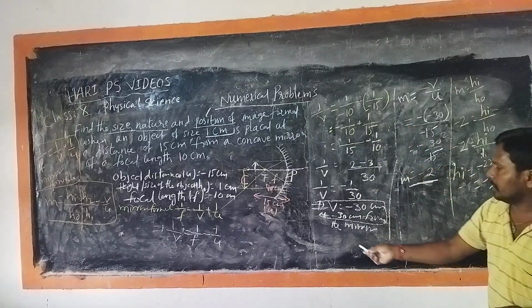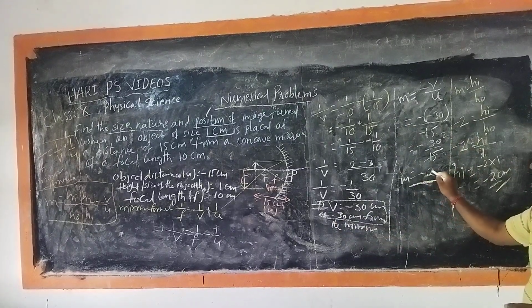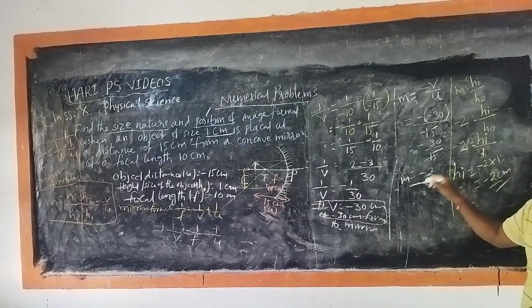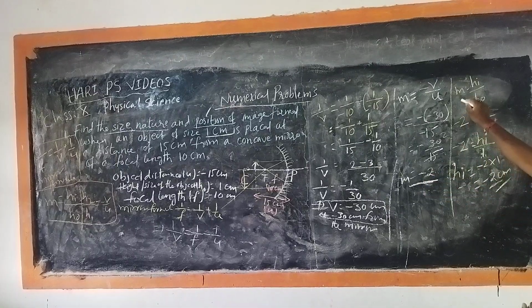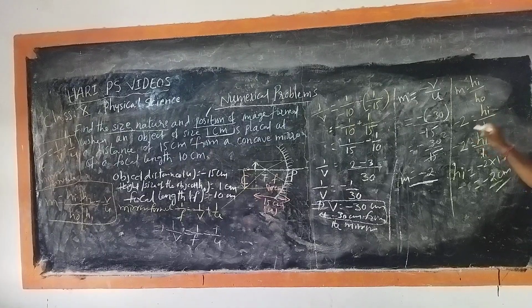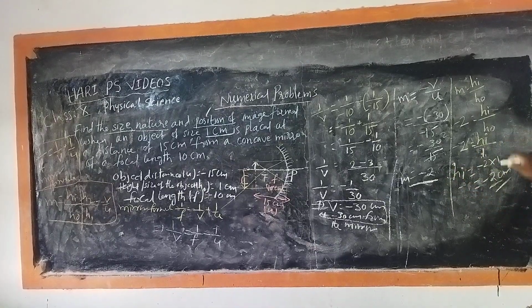Then on simplification we get magnification as minus 2. But the question did not ask for the magnification, it asks for the size of the image. So the relation between the magnification and the heights is m equal to hi by ho. Then the magnification is minus 2, which has no units. By substituting we get minus 2 centimeters.